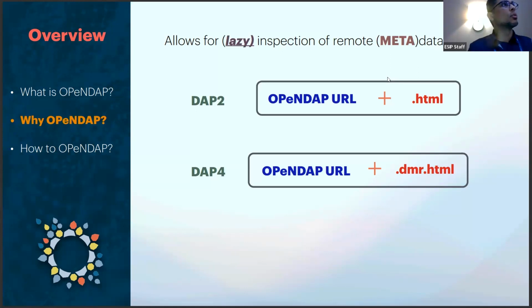One of the great things about OPeNDAP is that since the beginning, they had this vision of separating the actual data from the metadata. And that allowed what we now call lazy access. Essentially, you have a URL, you don't want to download the entire data set to figure out what the data is describing. You can just look at the metadata, the stuff that describes the data set itself.